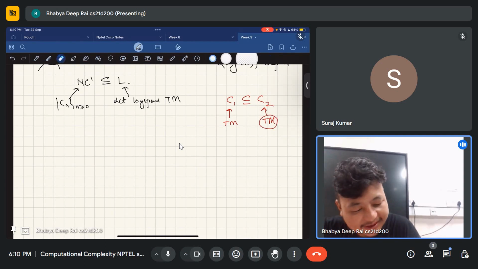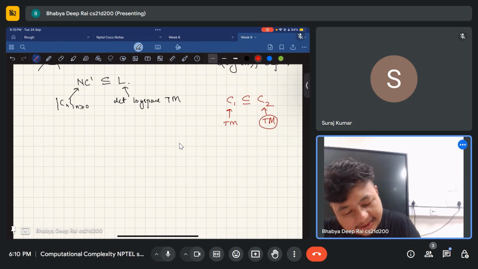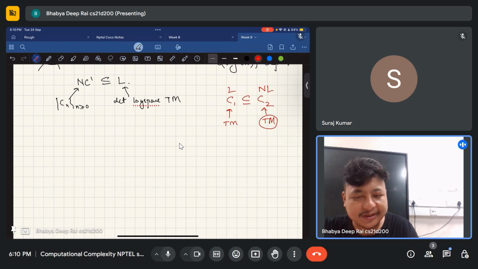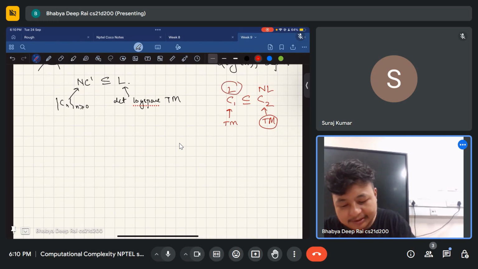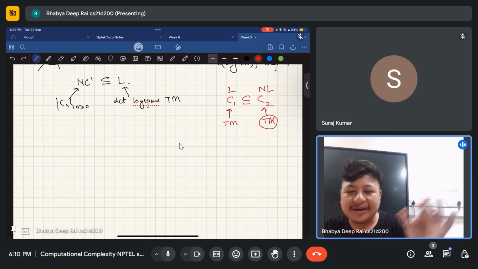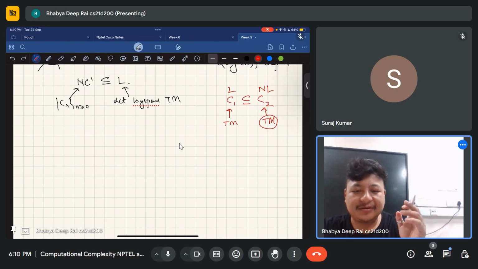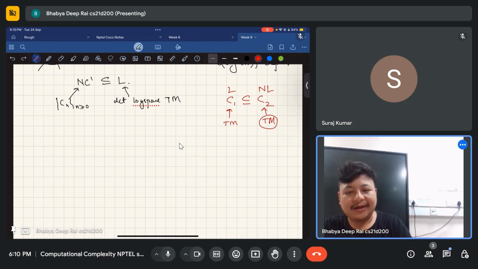For example, if this was L and this is NL or P or whatever, you say that any non-deterministic log space Turing machine can simulate an arbitrary deterministic log space Turing machine, and so on. This is fine because you're only talking about Turing machines simulating other Turing machines.